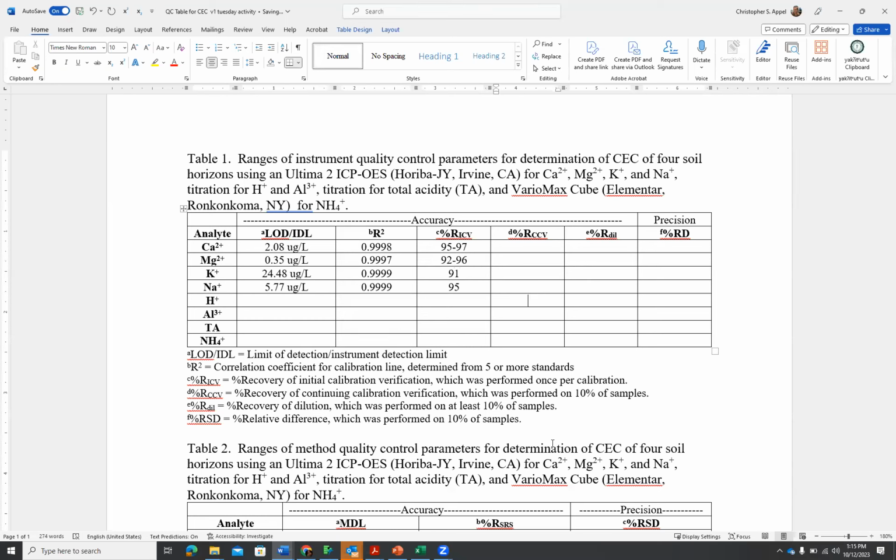Fantastic. Yeah, we're good. No decimal place on the percent. Round to the nearest whole number.